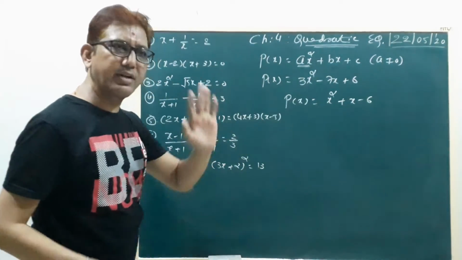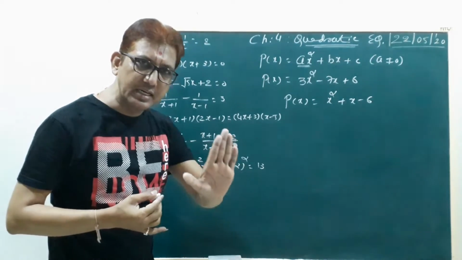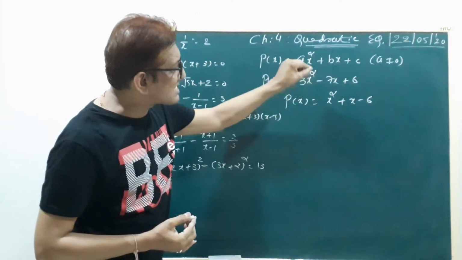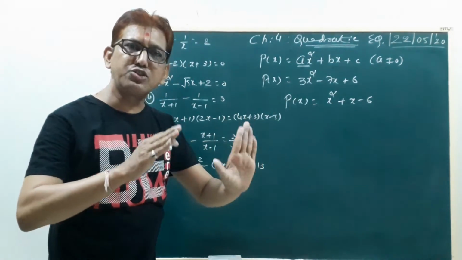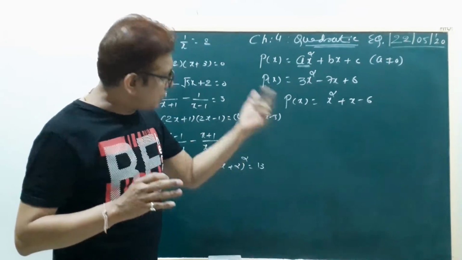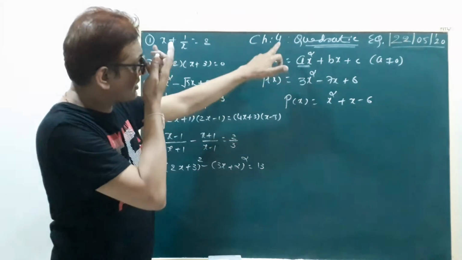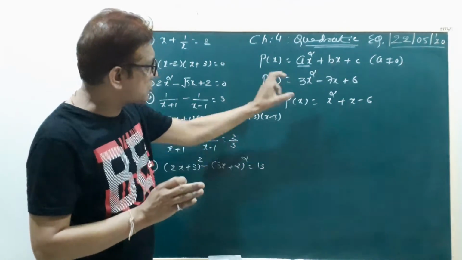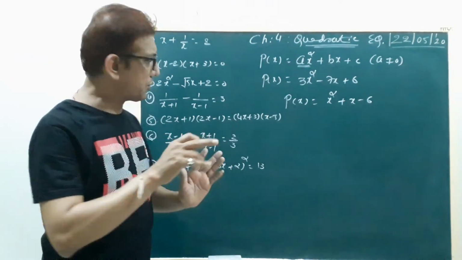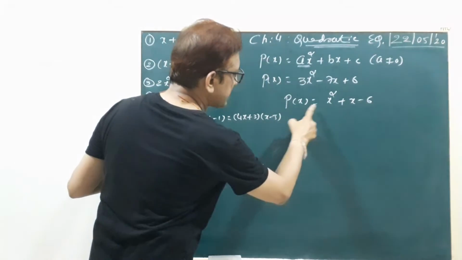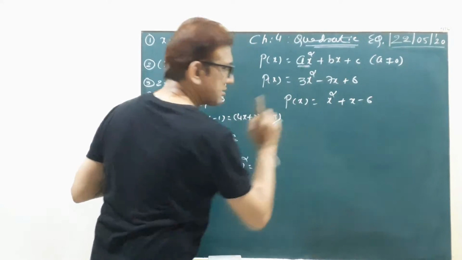This is also a quadratic polynomial. You have already studied polynomials in 9th standard and also in the second chapter. But here we discuss the quadratic equation, and we start with the quadratic polynomial.